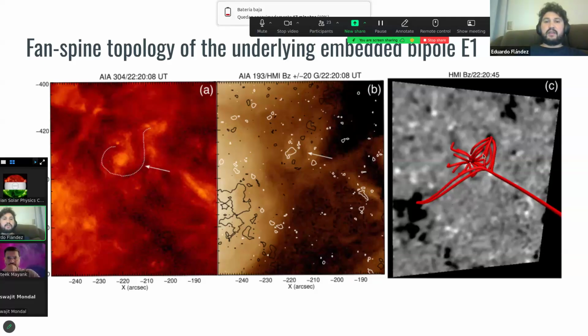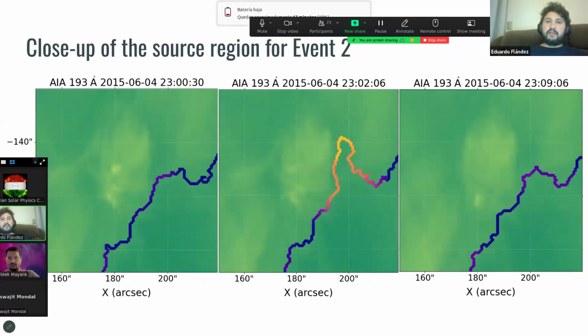So for this kind of event, we use the HMI magnetogram, and we plot with the potential field source surface model, and we find the embedded dipole topology magnetic configuration. So, maybe this configuration and this outflow is showing a jet. So event number 1 is an event of magnetic reconnection, because it has all the same characteristics.